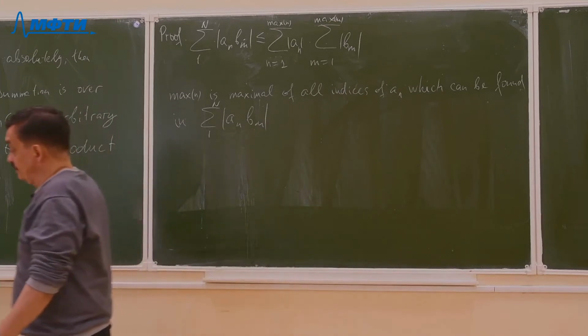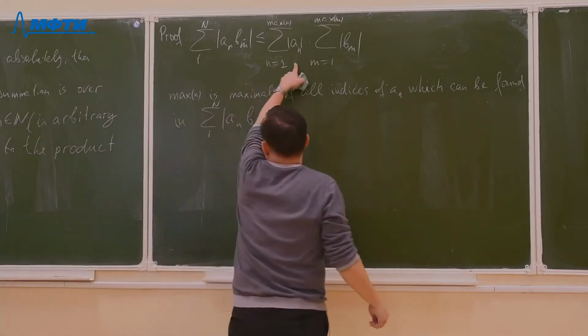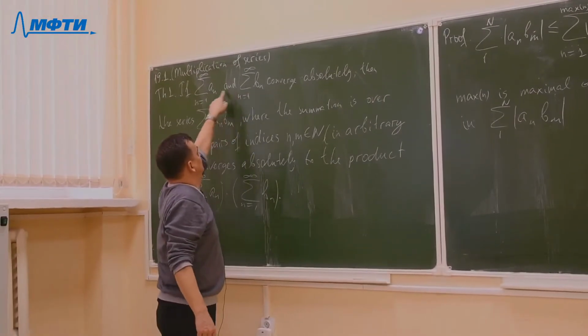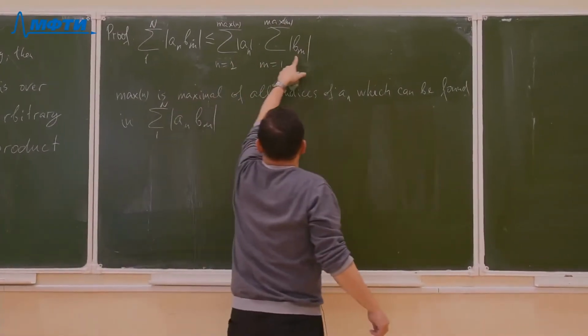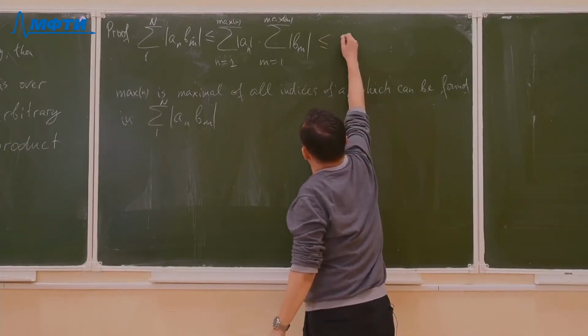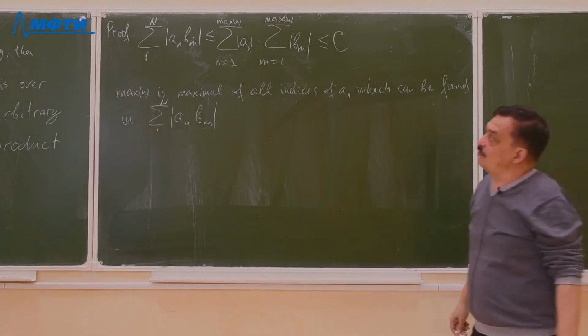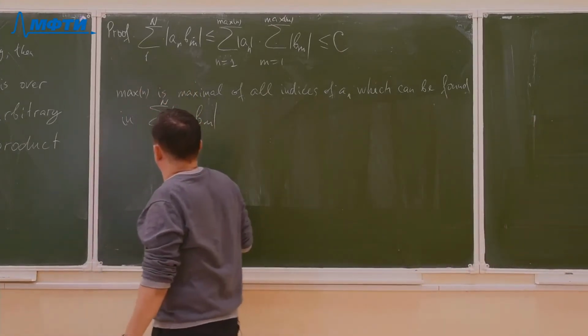So, we know, because of absolute convergence of both series A_n and B_n, that those sums are bounded. Hence, partial sums of our series are bounded as well.